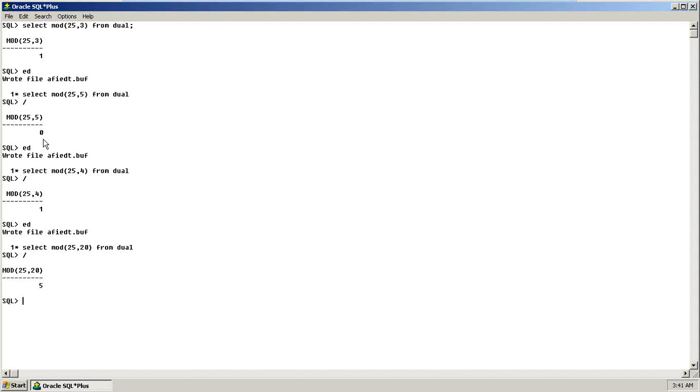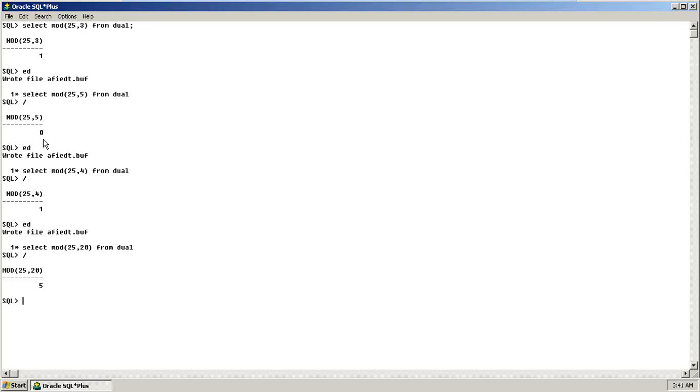So the mod function is used to return the remainder of the arithmetical division.